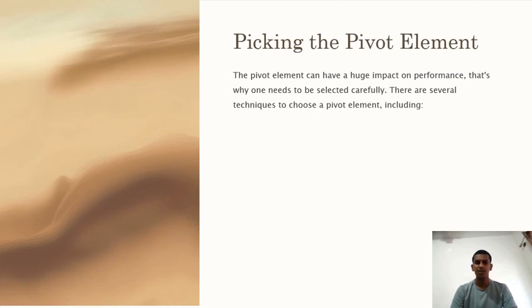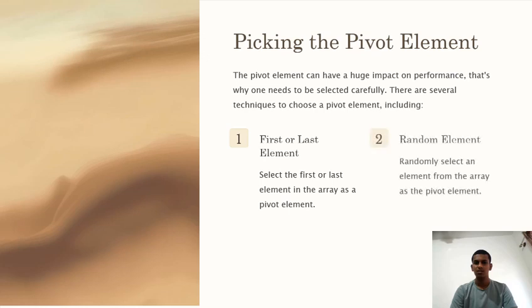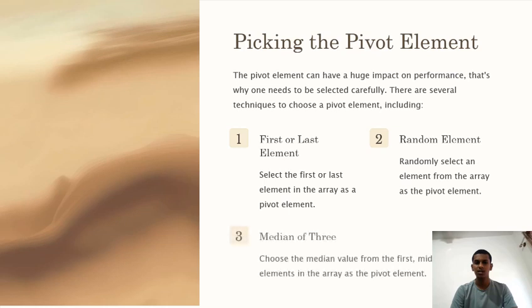Select the first or last element in the array as a pivot element. 2. Random element. Randomly select an element from the array as the pivot element. 3. Median of 3. Choose the median value from the first, middle, and last elements in the array as the pivot element.